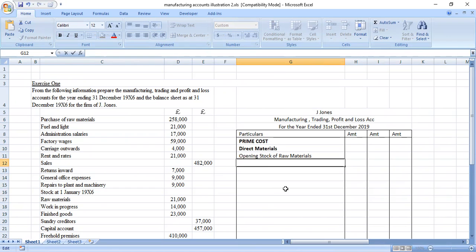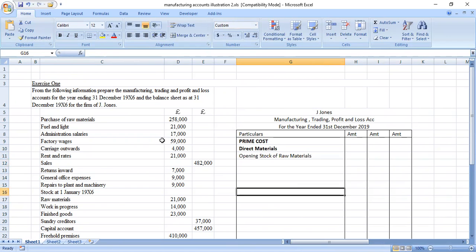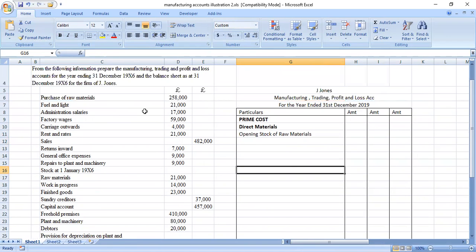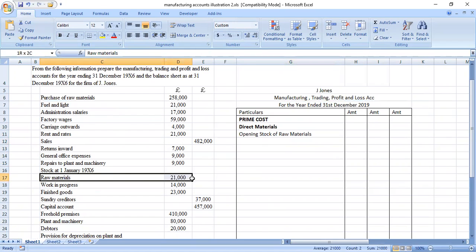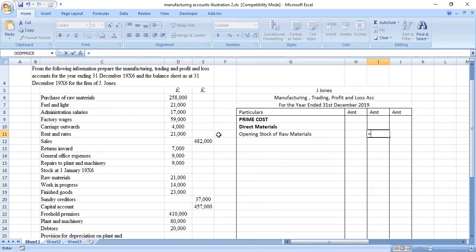Let's first take the opening stock of raw materials. Where do we have it? We have it there, it's 21,000 shillings. I hope you can see that. Yes. So it's 21,000 shillings, the cost of raw materials. And then we add purchases of raw materials.